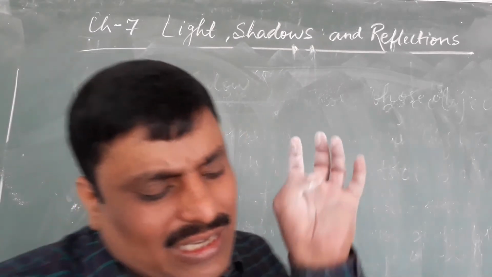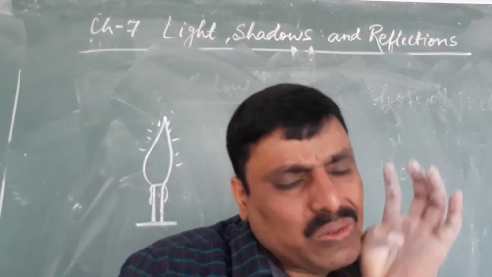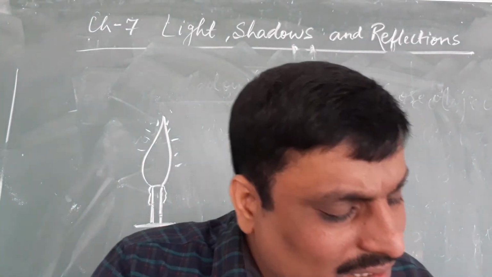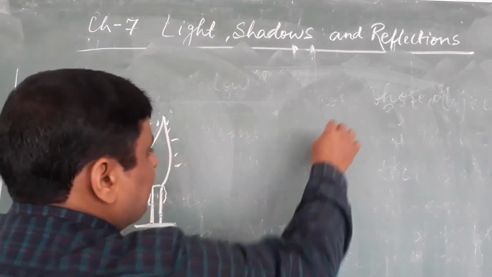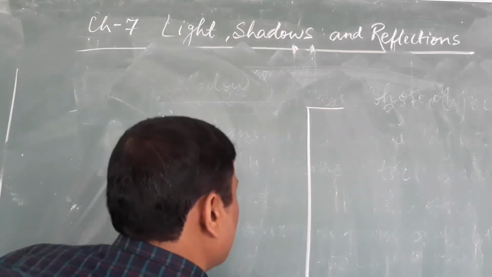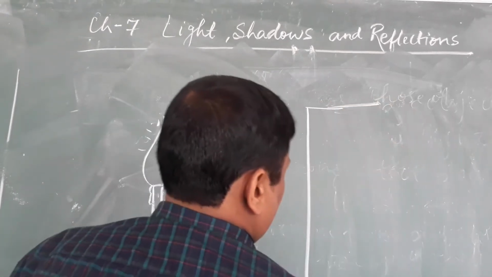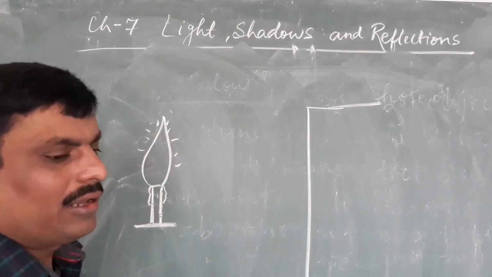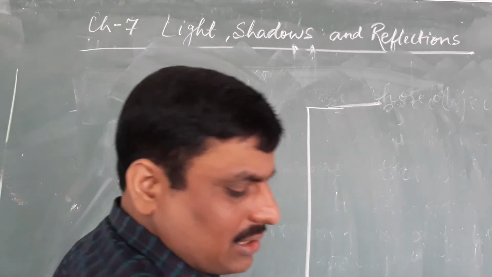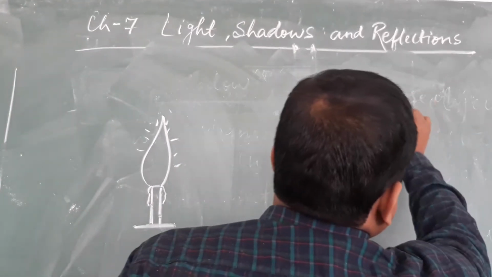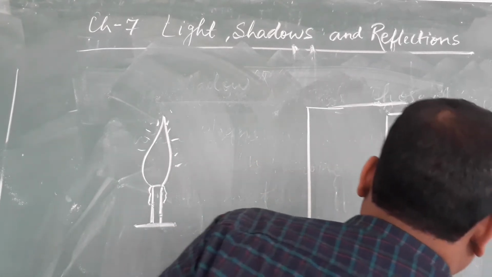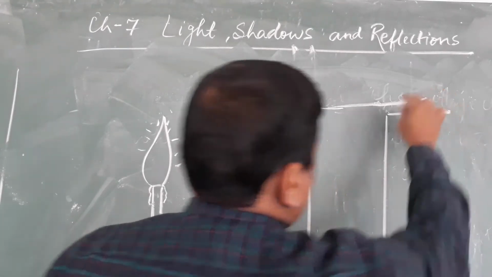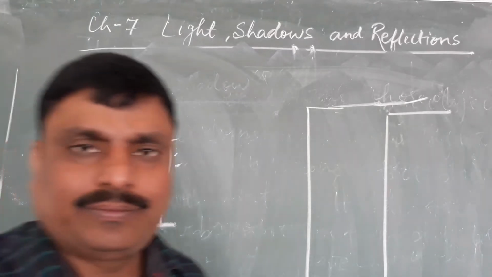Just take two cardboard boxes of similar shape but different size. One is big and the other is smaller than this one, that easily gets fitted in this big one.